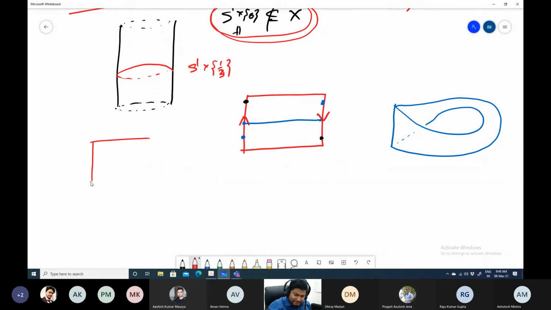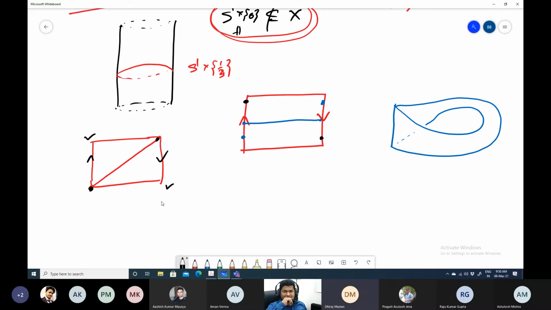So you can take this. We know that this point is identified with these points, so you can take this one as well. When we say this diagonal goes on both sides of the sheet, no. You can see this point is identified with this, and this point will be identified with this one. So the diagonal will be one circle.